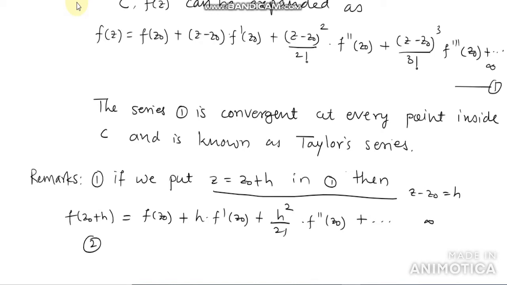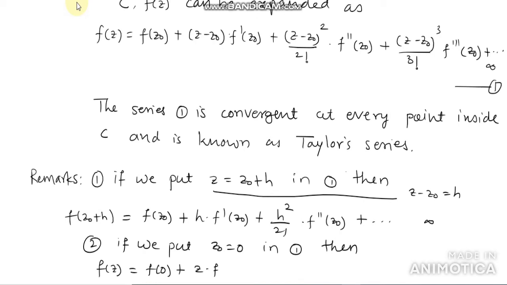And the second remark: if we put z0 equal to 0 in equation 1, then what will happen? The LHS is as it is, f of z is equal to f of 0 plus z into f dash 0 plus z squared divided by 2 factorial into f double dash at 0 plus z cubed divided by 3 factorial into f triple dash at 0 plus and so on to infinity.